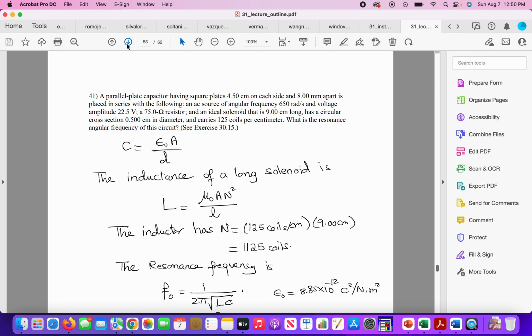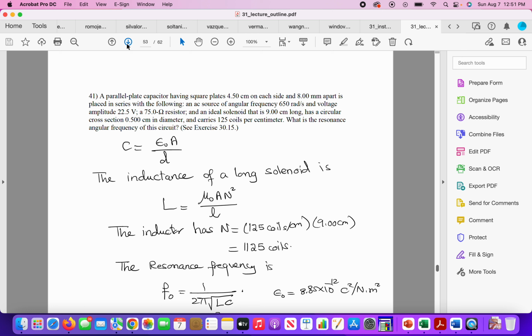Okay, then this is my R, and an ideal solenoid that is 9 centimeters long, has a circular cross section 0.5 centimeter in diameter, and carries 125 coils per centimeter. Apparently, this is also to calculate the L for the solenoid. What is the resonance angular frequency of the circuit? Okay. I added here a notice to use 30.15.